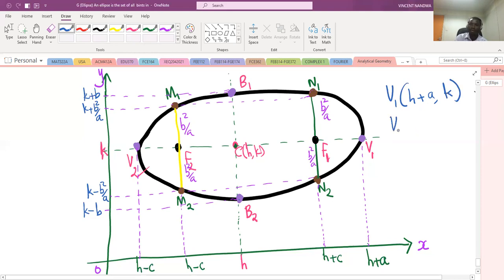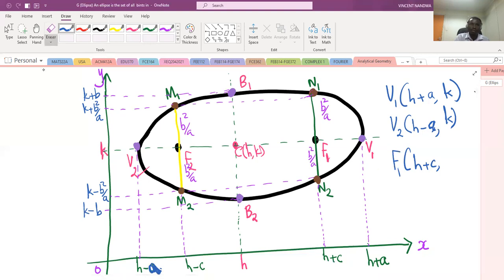And then V2 has coordinates (h minus a, k). Remember, this is a, not c, because the distance from the center to the vertex is a. So this is h minus a, not minus c.